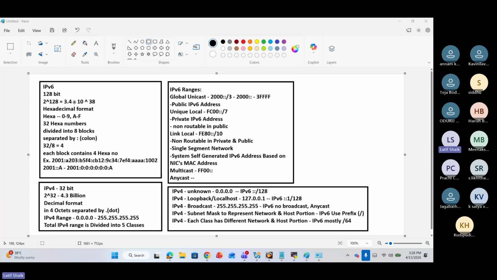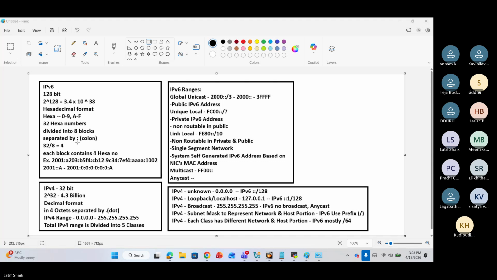From here also you can directly answer. The differences: 32-bit versus 128-bit, 4.3 billion versus 3.4 undecillion, or 3.4 times 10 to the power of 38. Decimal format versus hexadecimal format. 4 octets separated by dot, versus 8 blocks separated by colon.